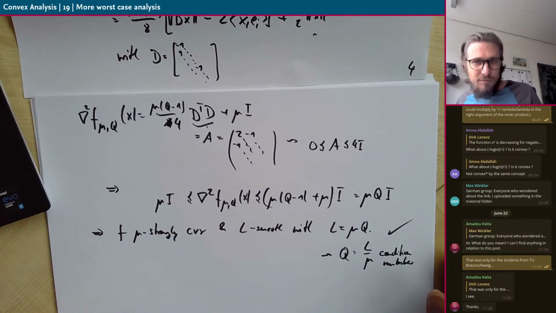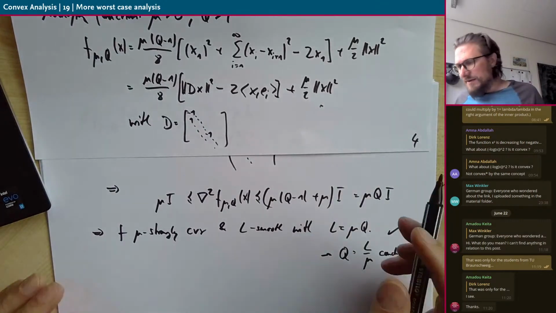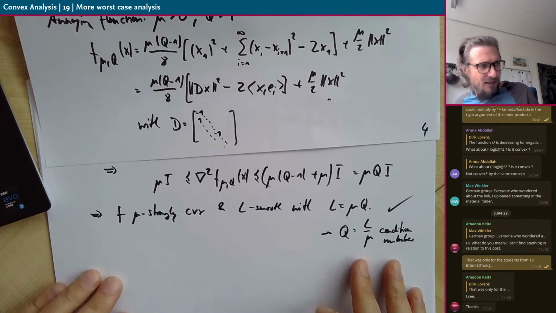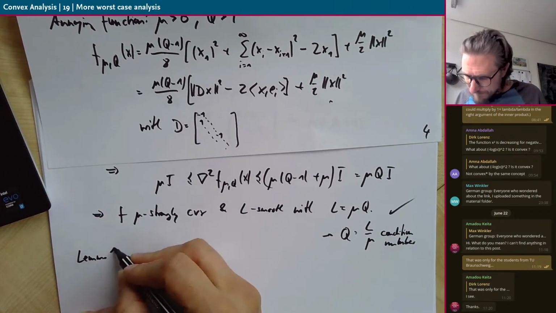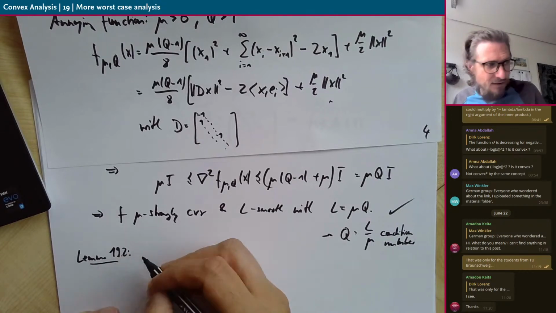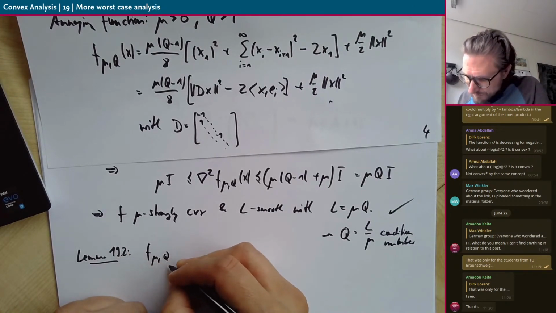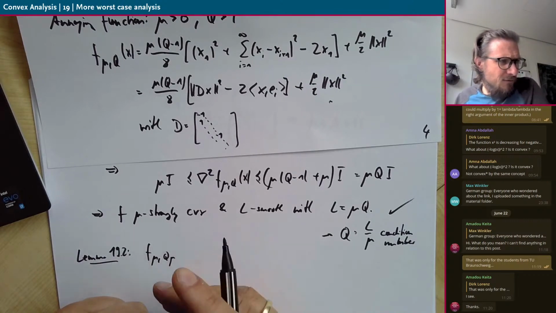But what now about minimizers? We know by strong convexity that minimizers exist and are unique. But what is it? So I formulate this as a lemma. So this function f mu q, oops, what did I do here?